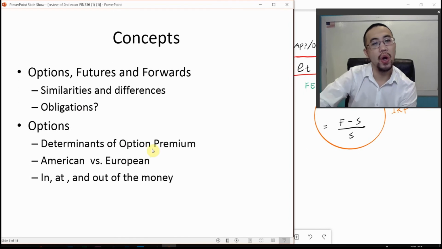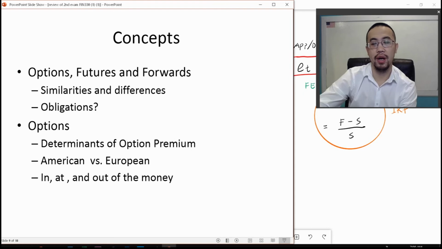And you should also know the determinants of the option premium. The option premium is the price of the option. You need to think of an option as two things. One is that an option is insurance. So what makes insurance more expensive? When the situation is more risky, when the exchange rate is more volatile and the maturity of the option, the time, is longer, then the situation is riskier, so the option premium would be higher.